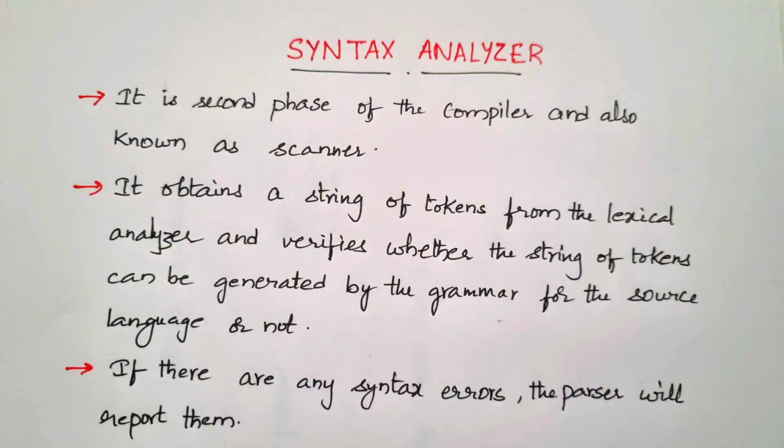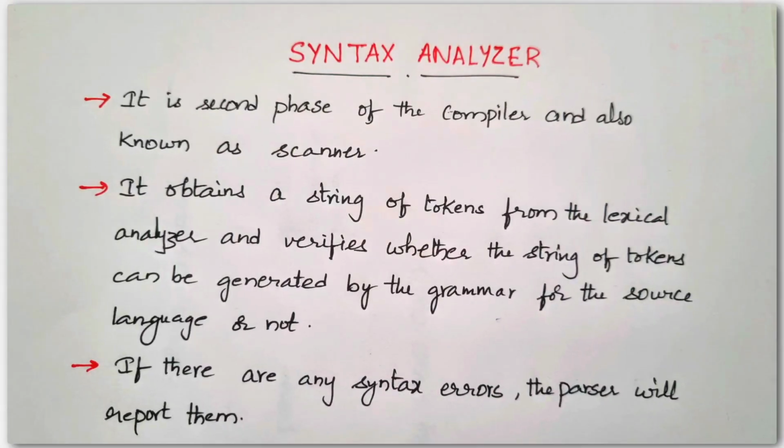If the token sequence does not follow the grammar rules, the parser detects and reports syntax errors. Examples of syntax errors include missing semicolons, unmatched parentheses, or incorrectly structured statements. This helps the programmers to identify and correct mistakes in their code.